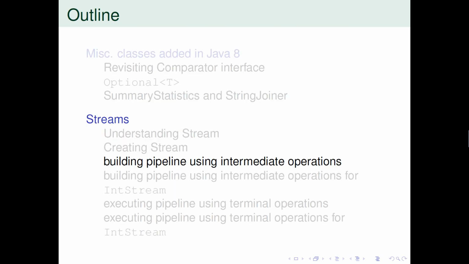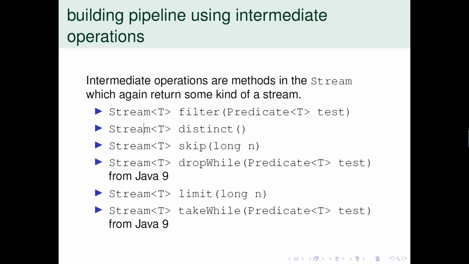Having got a stream, let's look at the intermediate operations which are available. As far as intermediate operations are concerned, we have a method called filter, which uses a predicate.